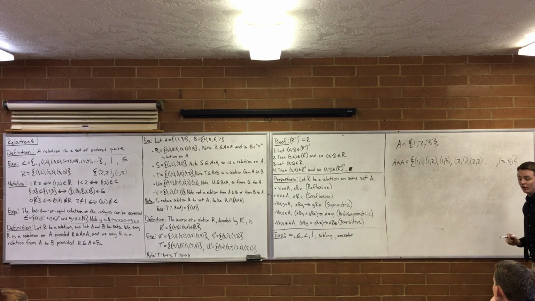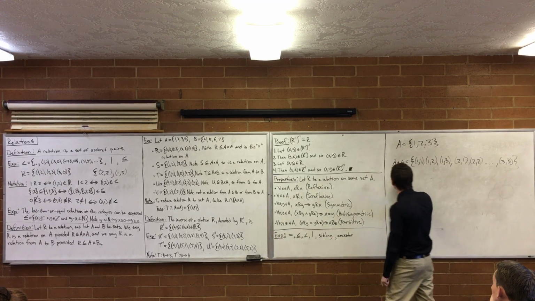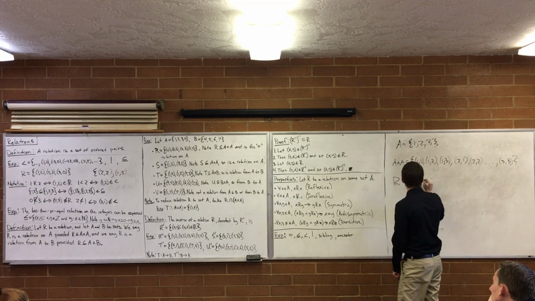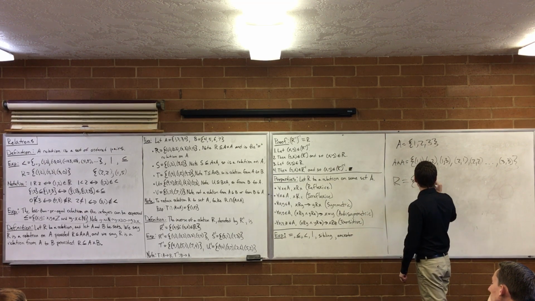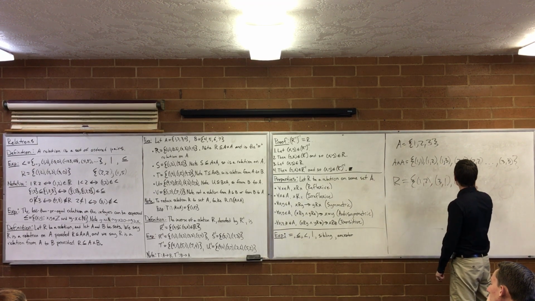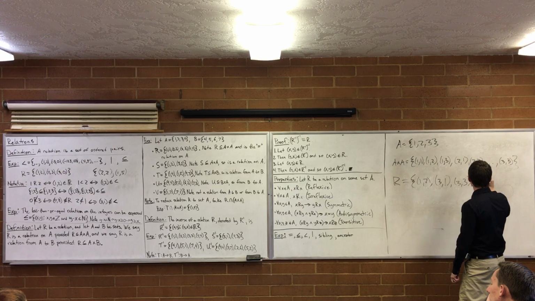Good? So if I'm going to say that R is a relation on A, to give you an example of one that is that case: (1,2), (3,1), (3,3), (1,1).